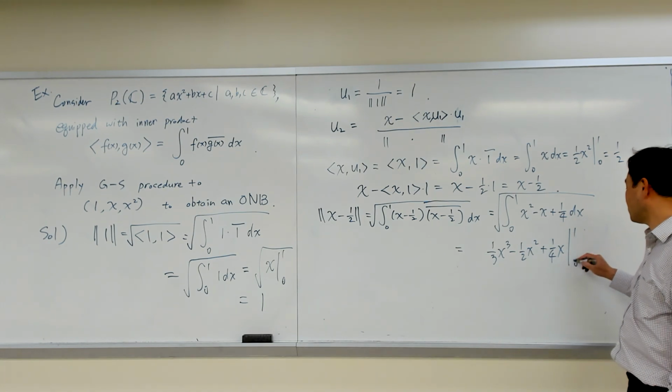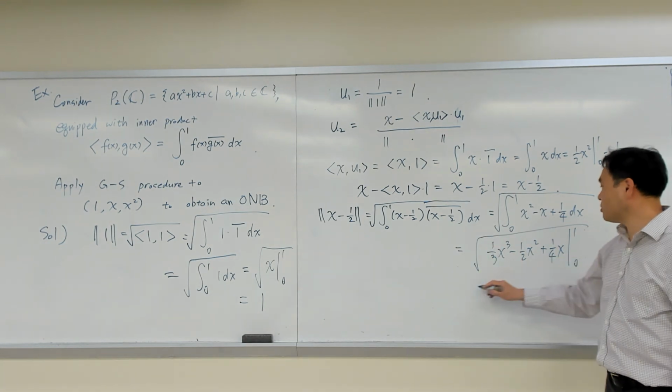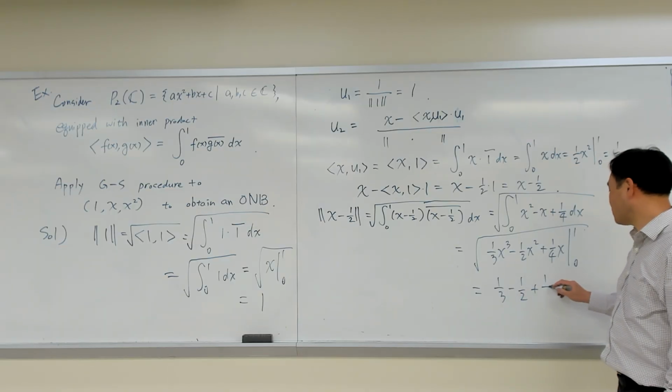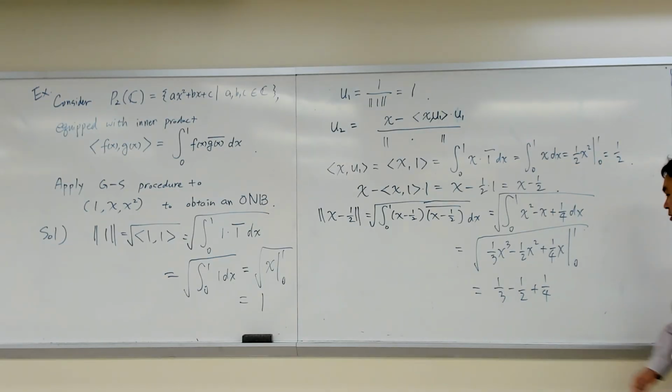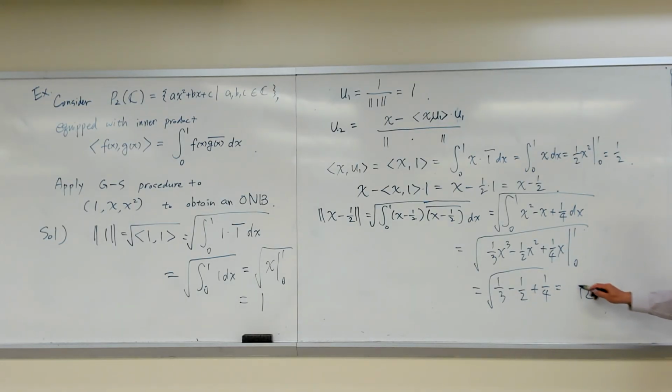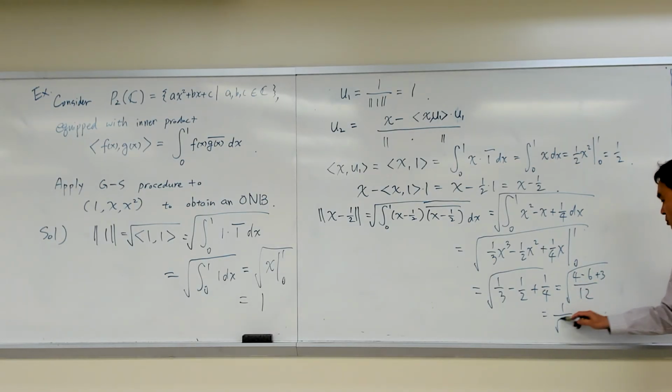You plug in 1 and 0, and the square root of 1/3 minus 1/2 plus 1/4. What's that? That's over 12: 4 minus 6 plus 3. It's 1 over square root of 12.